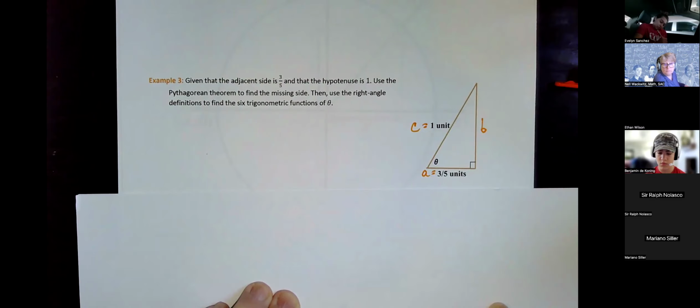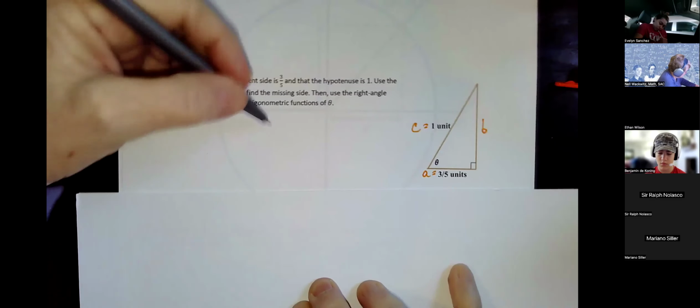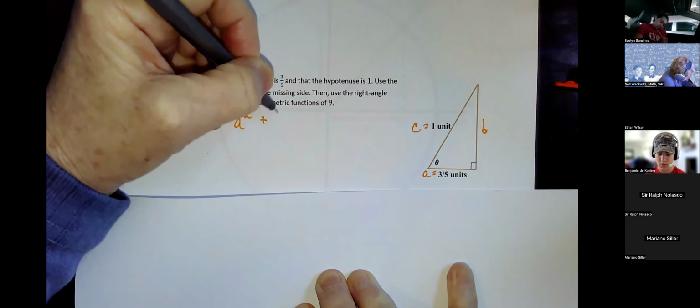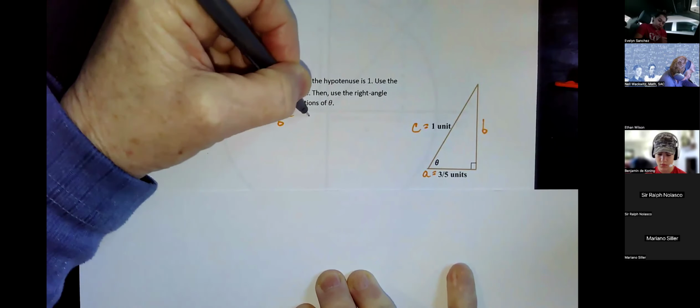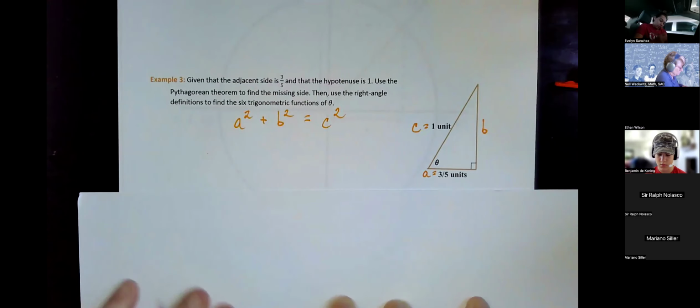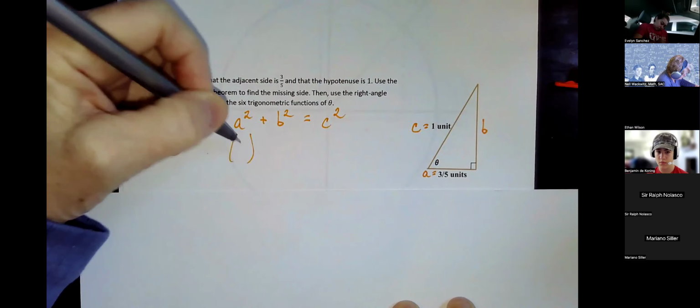Set it up as an equation. Okay, good. So we know that A squared plus B squared equals C squared. Now what? So then we fill in our values. So (3/5) squared plus B squared equals 1.